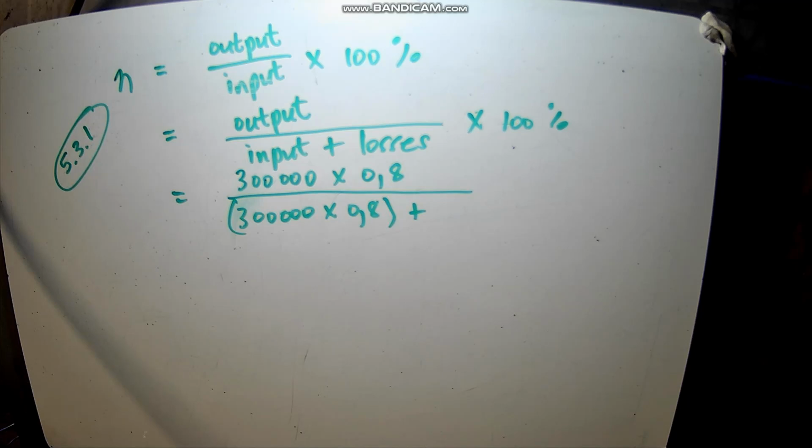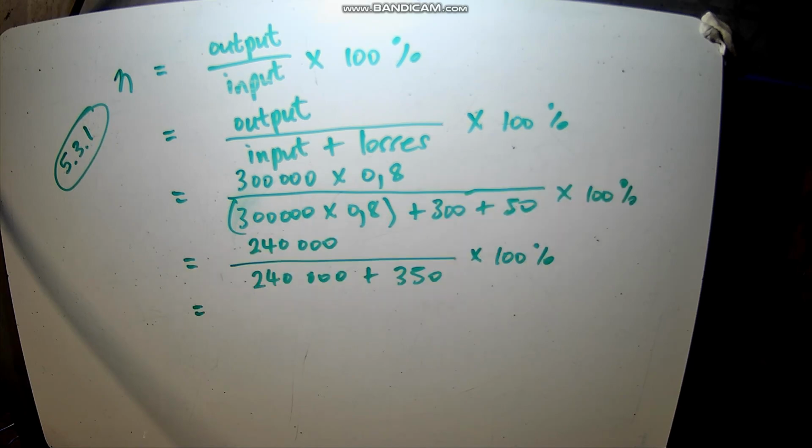So this means this would be the true power in the numerator and the true power also in the denominator. Then we're going to add the losses. The question said 300 watts and 50 watts. So this will give us 240,000 in the numerator and 240,000 in the denominator, plus the losses, which is 350.